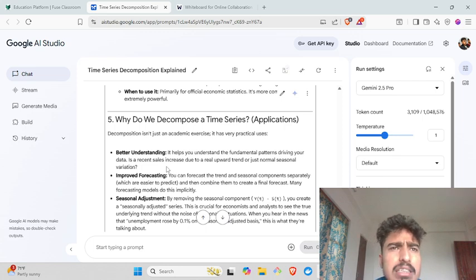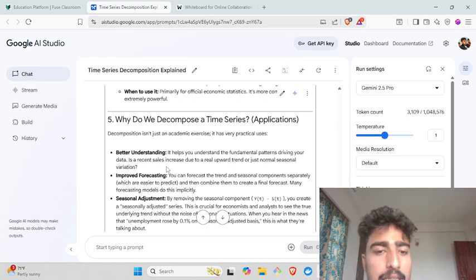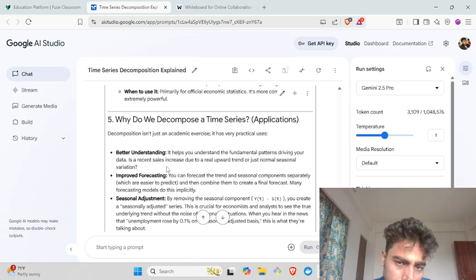It helps us understand how the trend is affecting, how the seasonality is affecting, and how the noise is affecting the time series. For better understanding, we decompose the time series. It helps you understand the fundamental pattern driving your data. Is the recent sales increase due to a real upward trend or just normal seasonal variation?